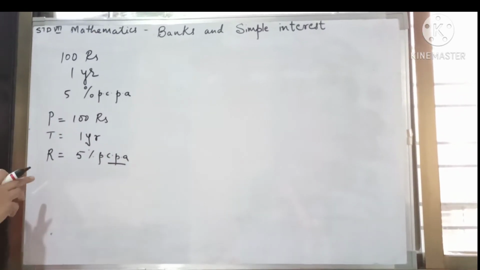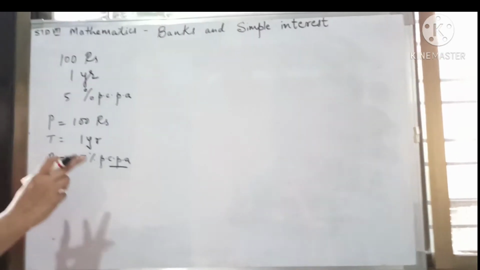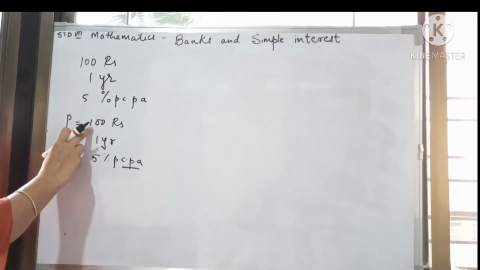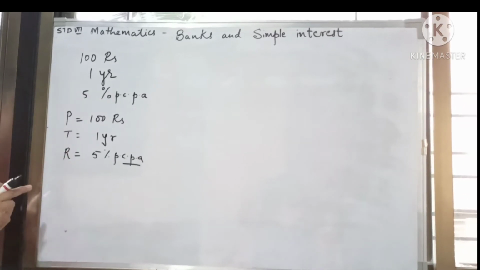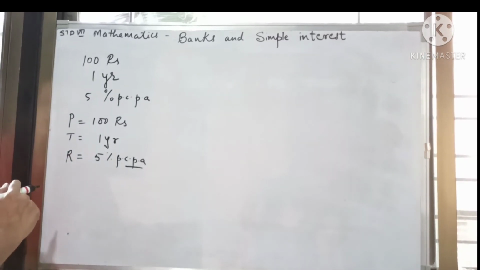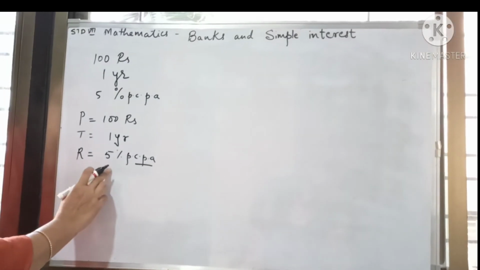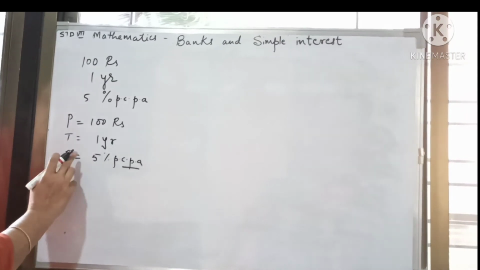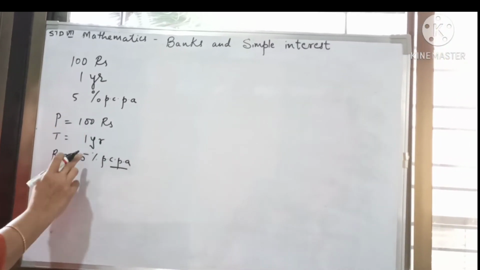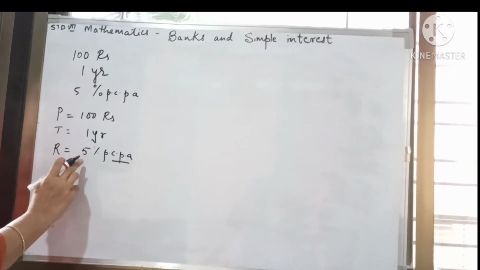Means Renu will be getting, after 1 year, 100 rupees plus some extra amount. That extra amount is nothing but the simple interest. Now what will be the extra amount or simple interest in this case? For 1 year, on 100 rupees she will get 5 rupees extra.